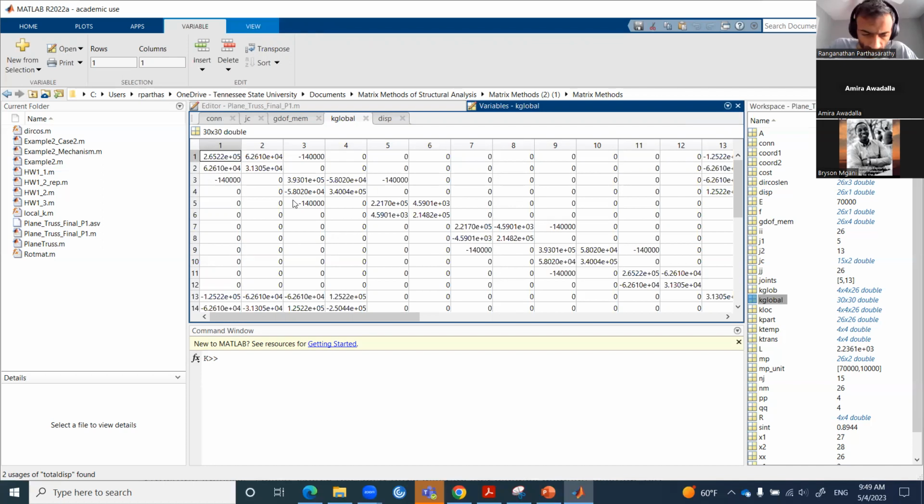And let me check element 5. Length is 2 root 5. Okay.